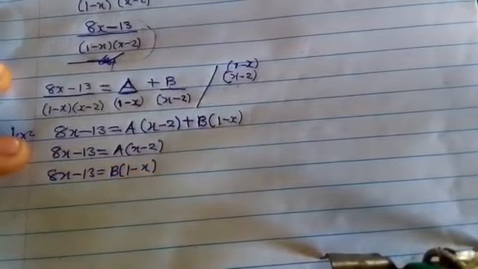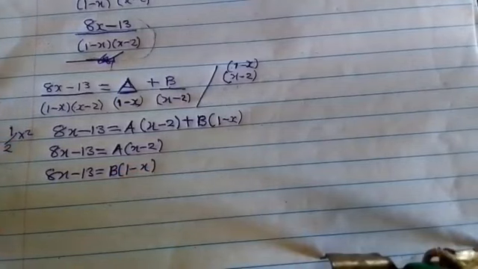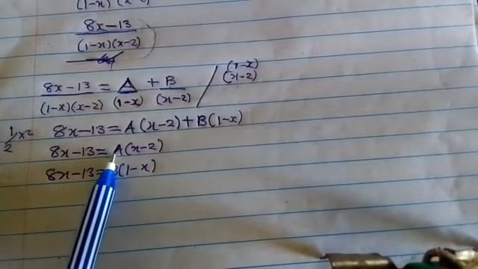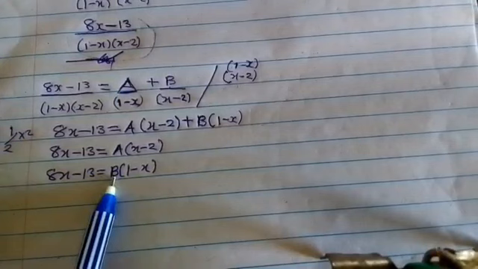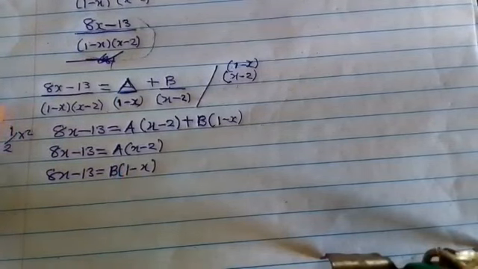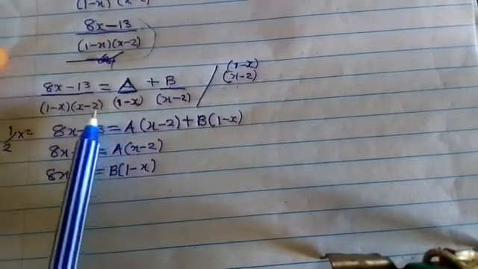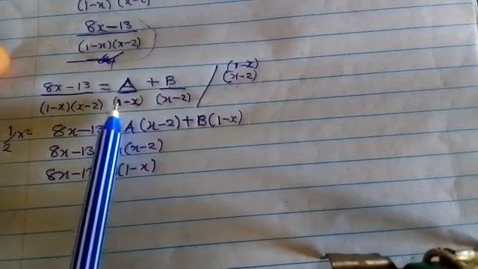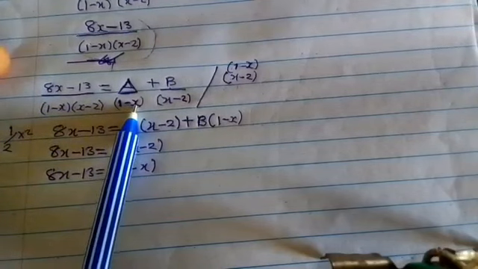Now in this case here, our aim is to find the values of a and b. Our aim is to find the values of a and b. Now, how are we going to find these values? Let's use these linears. So we are having the first linear, which is 1 minus x, and also x minus 2.